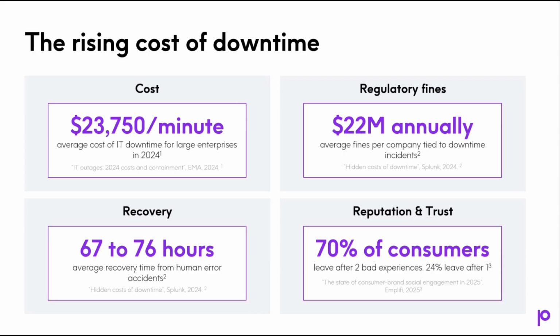We're seeing 67 to 76 hours average recovery time. And in so many cases, there are regulatory and reputational consequences layered on top of this. So this isn't just about a short-term interruption anymore. Downtime can trigger a chain reaction. We're seeing lost revenue, long recovery windows, potential fines, and even damage to customer trust. And once that trust is impacted, we all know it's much harder and much more expensive to win it back.